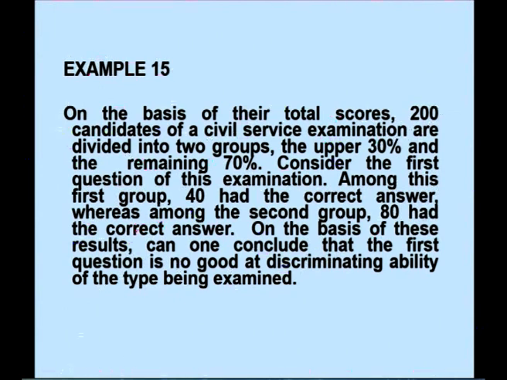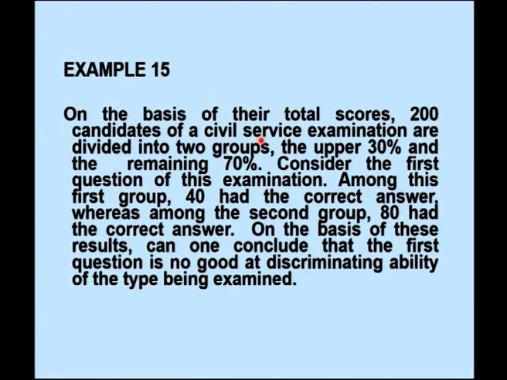On the basis of the total scores, 200 candidates of a civil service examination are divided into two groups, the upper 30% and the remaining 70%. That is, the top ranking 30 people out of 100 have been ranked as the upper group and the remaining as 70%. Consider the first question of this examination.